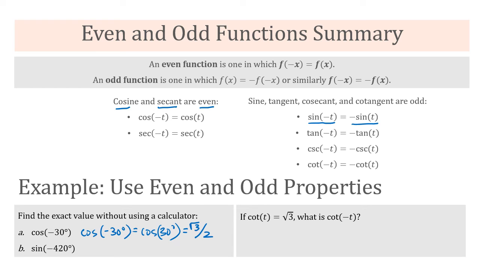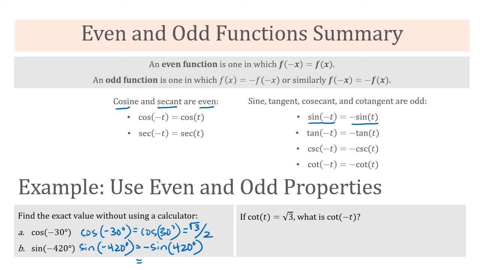Part B, the sine of negative 420 degrees. The sine of negative 420 degrees is going to be the negative version of the sine of positive 420 degrees. Now, do we know what the sine of positive 420 degrees is?